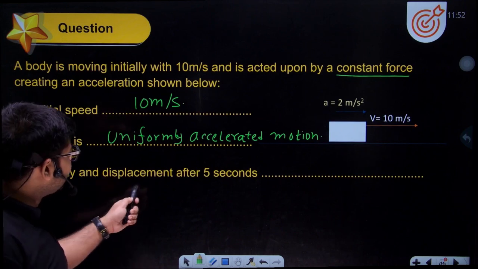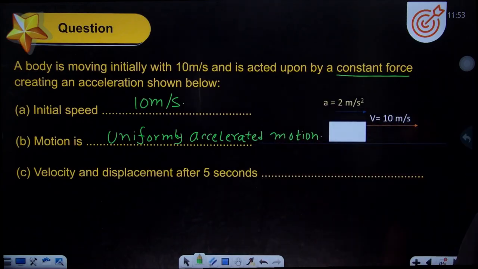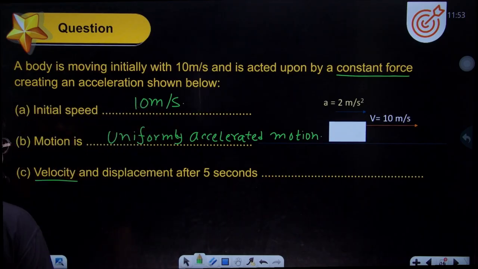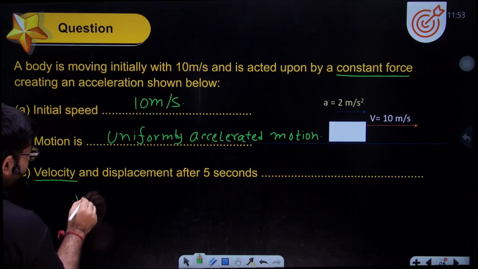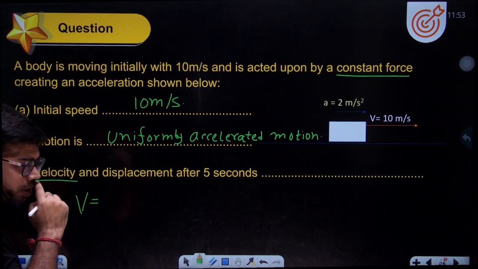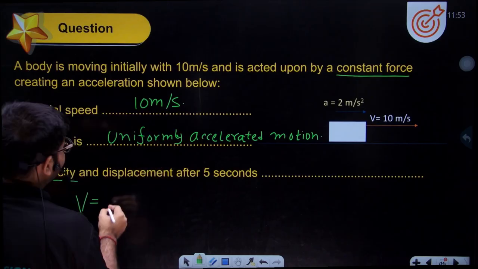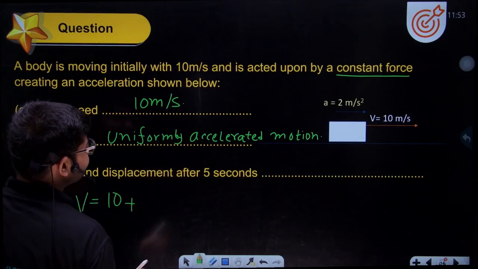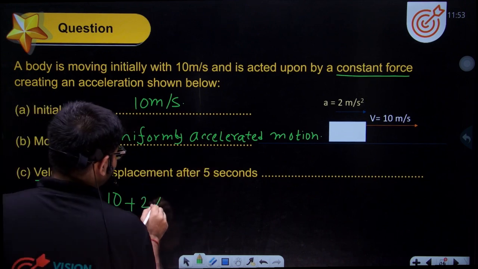Now velocity and displacement after 5 seconds. Let us first find out the velocity. So your initial velocity is 10 meter per second. So v is equal to, I am going to apply my first equation of motion, v is equal to u plus at. So you know the u value is going to be 10, u plus at. What is the acceleration? Acceleration is 2, right? And what is the t?